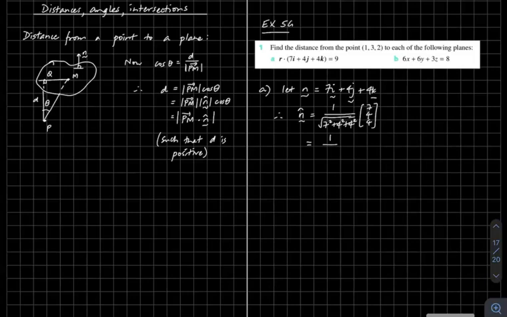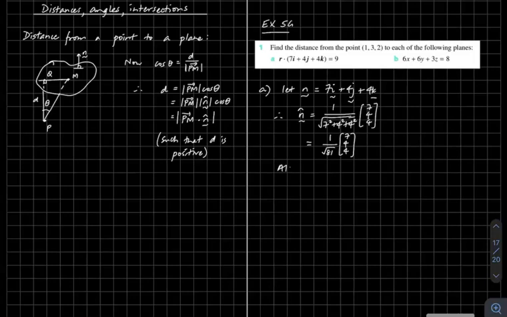So let's say that's 49 plus 16 plus 16, so 49 plus 32, is that 89? Sorry, 81. Square root of 81 is 9, isn't it? So it's going to be that one there.